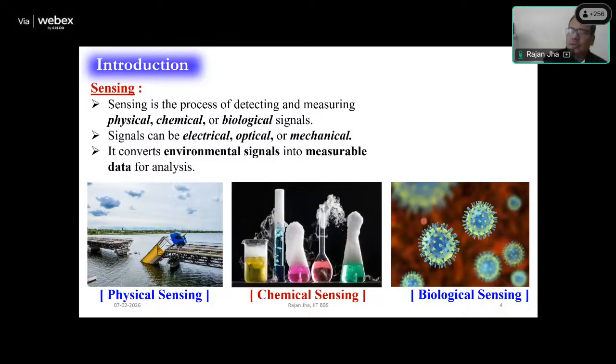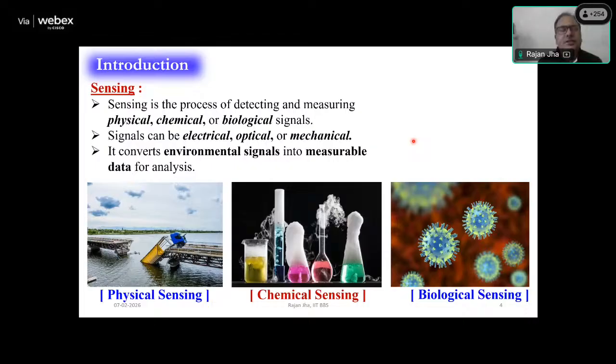These are some biological sensing tasks which one needs to do. For all these sensing tasks, you have to develop sensors, and these sensors must be able to identify these particular parameters or signals as an electrical output, an optical output, or a mechanical output.